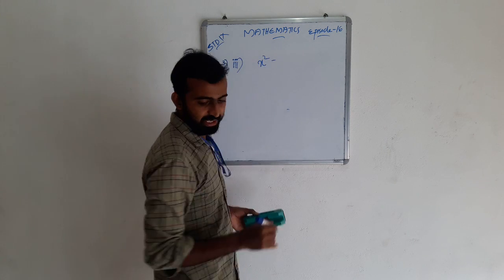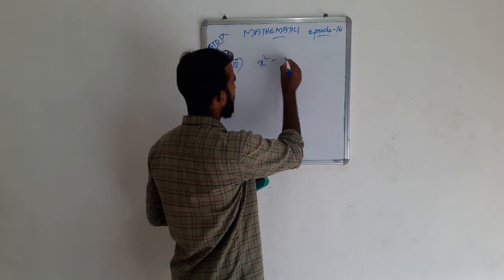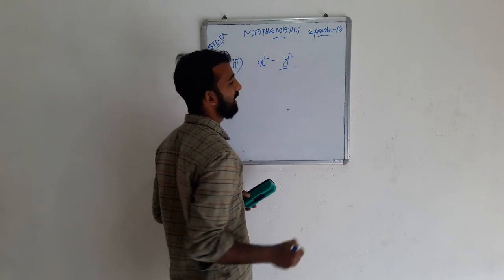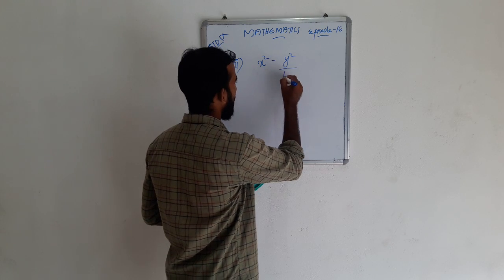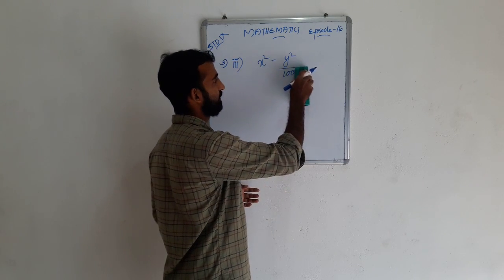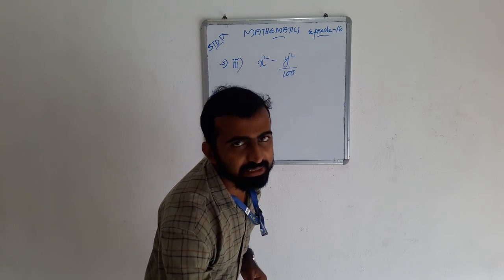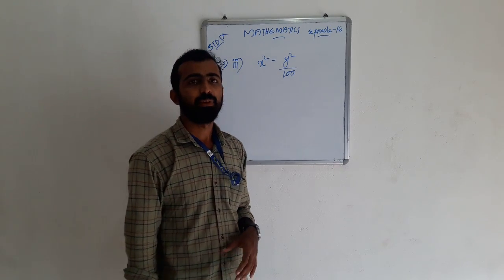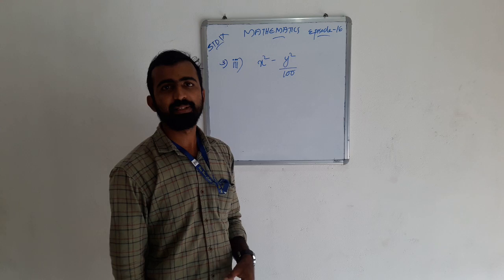The third one is x square minus y square by 100. We want to factorize this. Which way do we factorize?